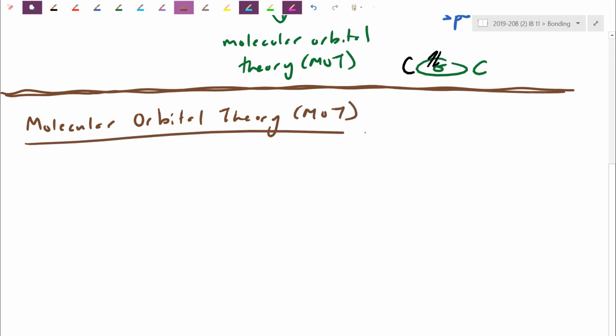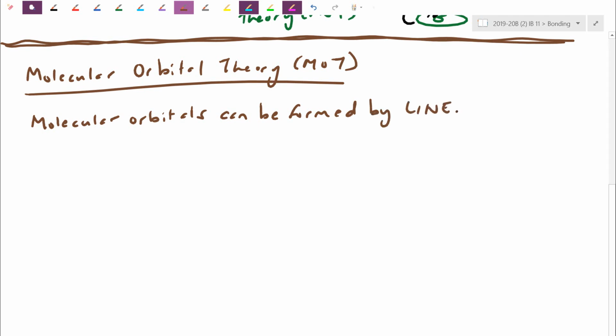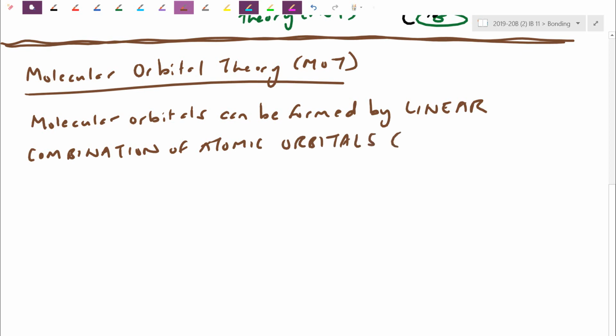Essentially, this is the notion: if you want to form a molecular orbital, this blending between your atomic orbitals, molecular orbitals can be formed, and again, they always like you to know this acronym, although I've never seen this on any given test, by what's referred to as a linear combination of atomic orbitals. And the IB syllabus would shorthand that LCAO.